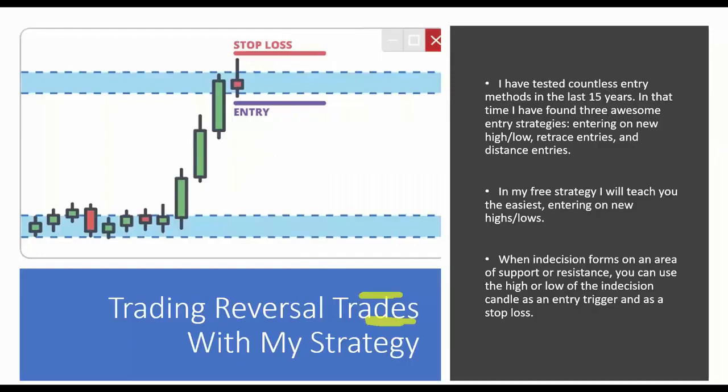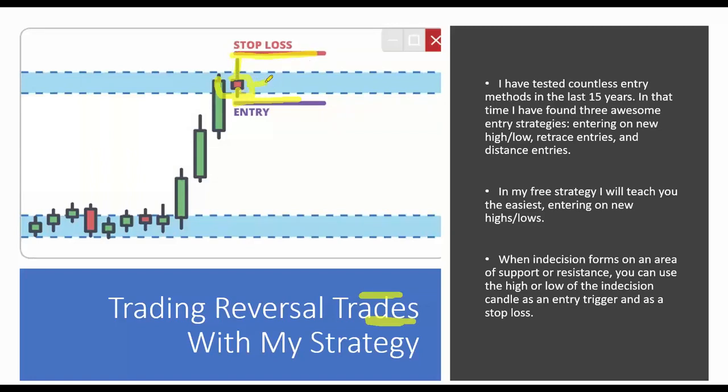In other words, this is your indecision candle. You can't do anything until it's formed. You would set your entry point right below the low of that indecision candle, or the length of the bottom wick. You would set your stop loss right at the top of that top wick.